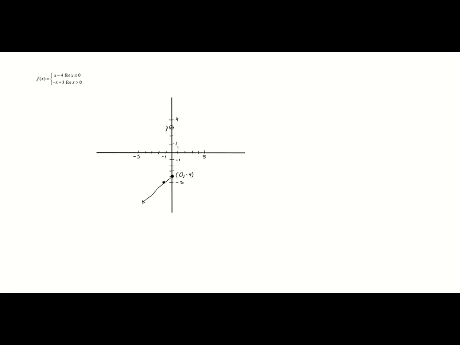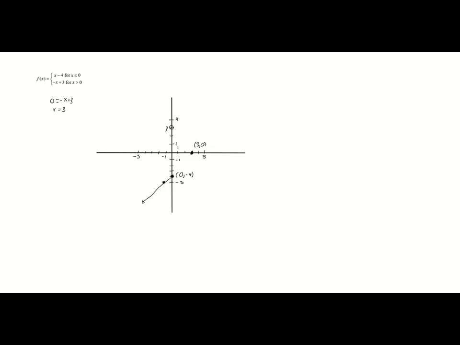Now, this has a negative slope for x is greater than 0, so I'm going to go ahead and figure out what the x-intercept would be. So 0 equals negative x plus 3, and that says x is equal to 3. So that means I'm going to come over here and plot a point at 3, 0, and that's my x-intercept.